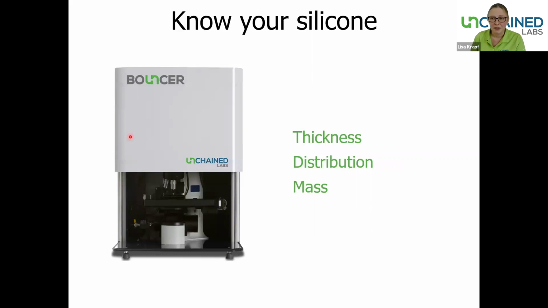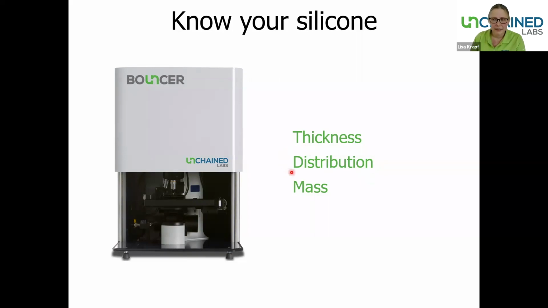And this is Bouncer. With Bouncer, we have an option to analyze the silicone layer in a non-destructive way. The information Bouncer can give you is the thickness. So it doesn't only measure if there is silicone on a position or not, but gives you a real quantitative thickness value.